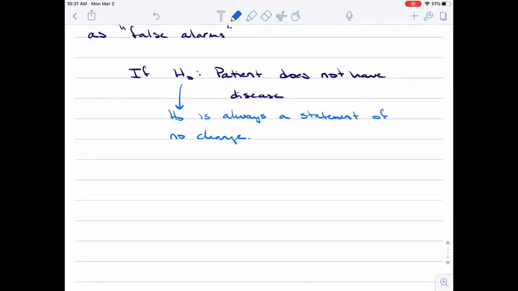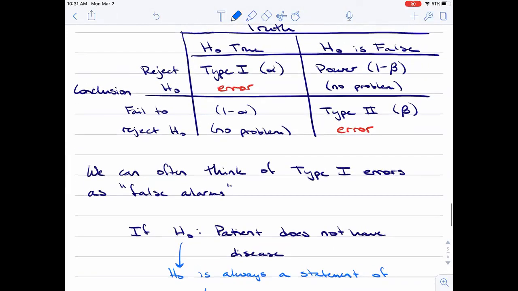Okay, I think we've got it under control. So that means if I've rejected H naught, I'm saying, hey, you have coronavirus, when in fact they don't, right? False alarm. You do further testing, right? If you tell someone that they have a disease, if it's serious, then you would probably run another test to make sure, right?